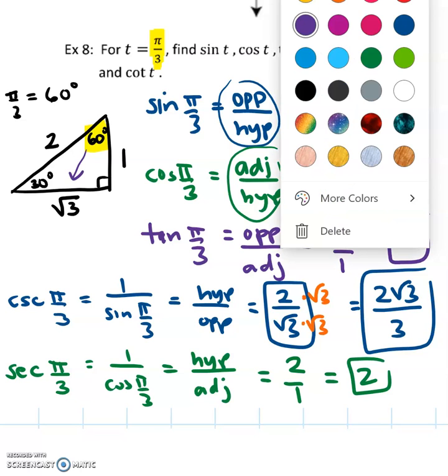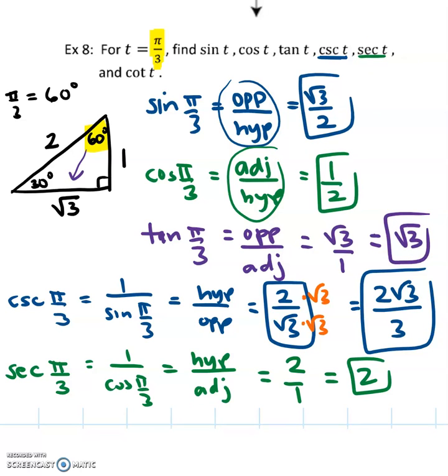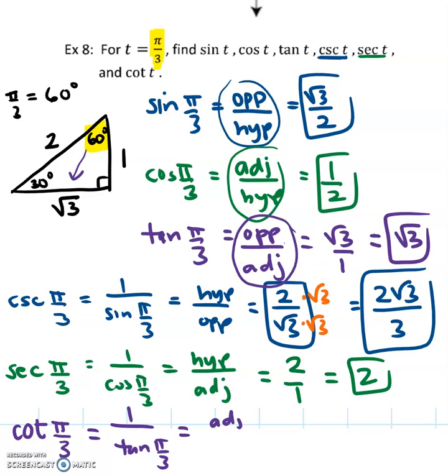Now finally, we're looking at our cotangent at this point. This is also a reciprocal identity of tangent. So cotangent of pi over 3 is 1 over tangent of pi over 3. We can do the same thing with relating the sides of the triangle. If tangent is opposite over adjacent, the reciprocal, or cotangent, would be adjacent over opposite.